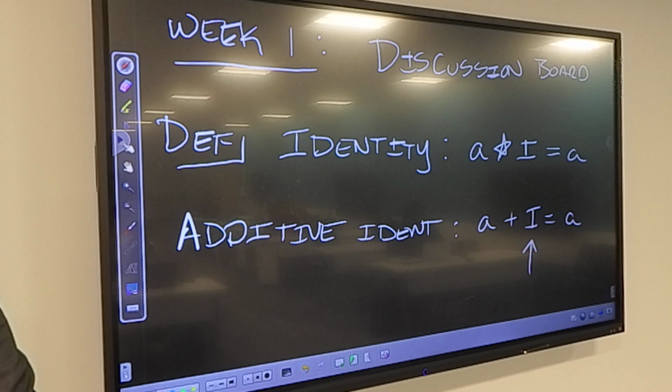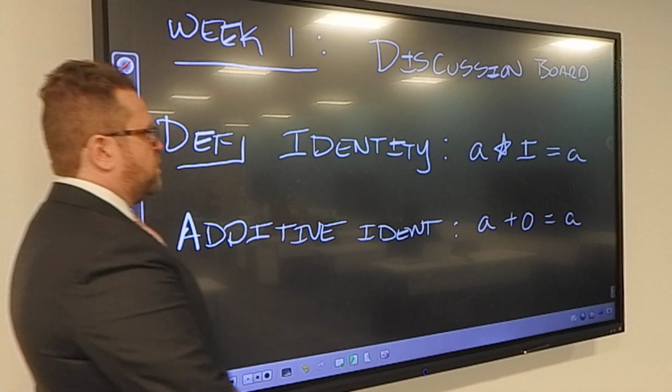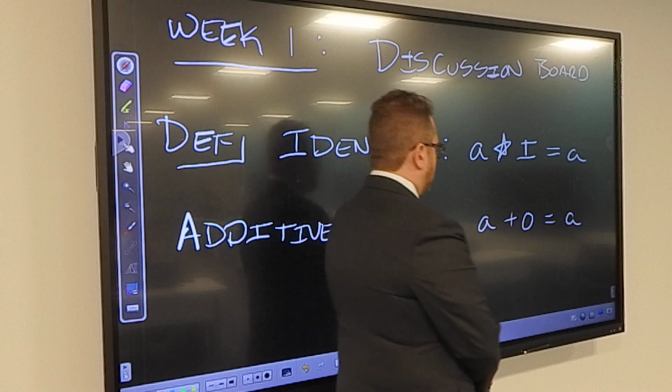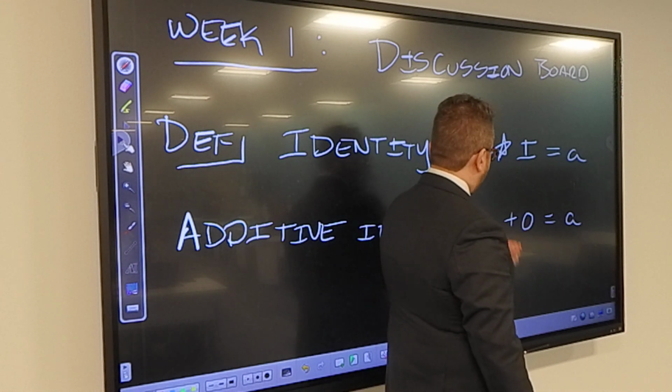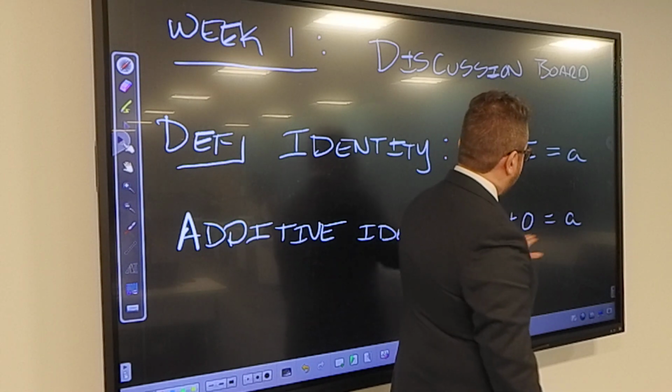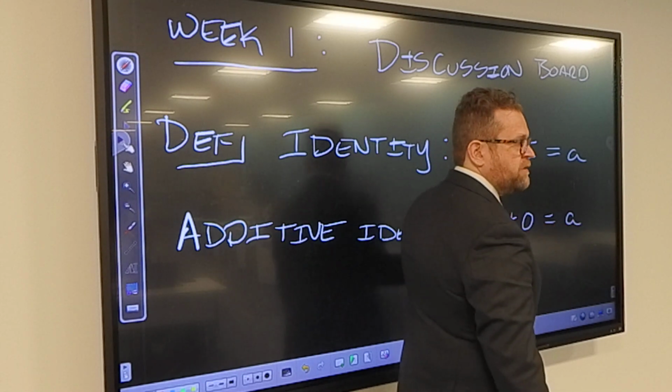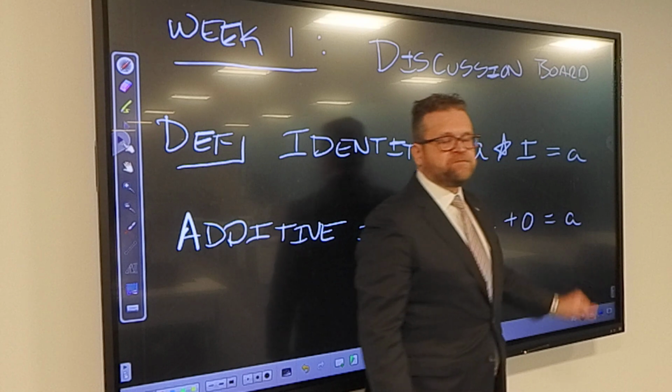What is this number? 0. The additive identity is 0. It's the only number with that property. You add it to whatever you'd like, and it's unchanged, identical on each side.